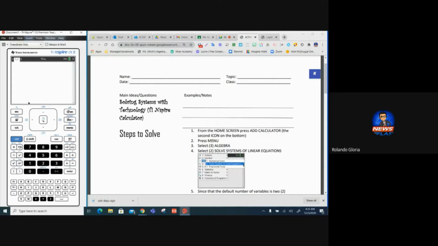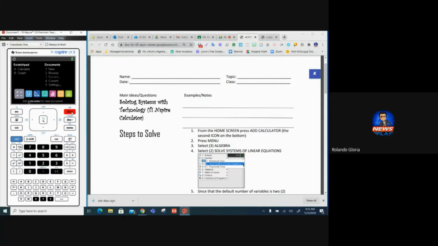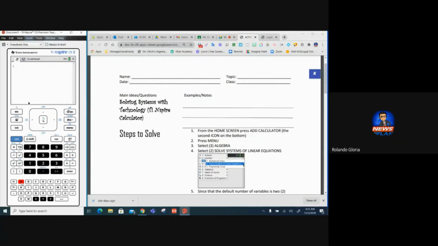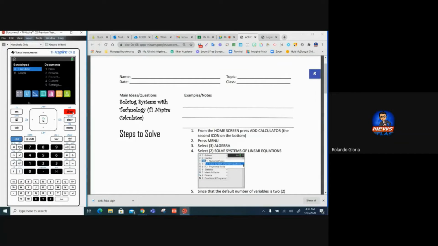Another way of going to that add calculator is just by pressing letter A from our keypad. So you have about three options. But anyways, let's go ahead and do the second step.